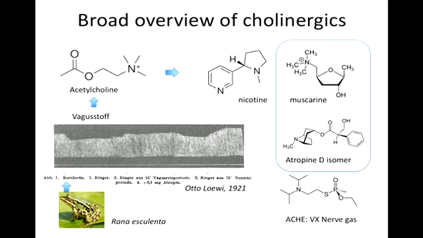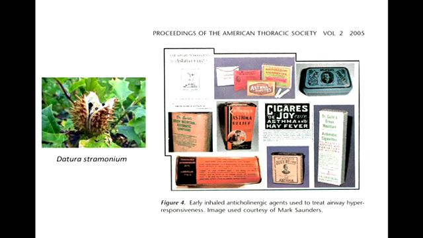Beautiful classic science. The sad part about this in the German context is the VX nerve gases that were developed to inhibit the breakdown of acetylcholine later on. That's a side story.